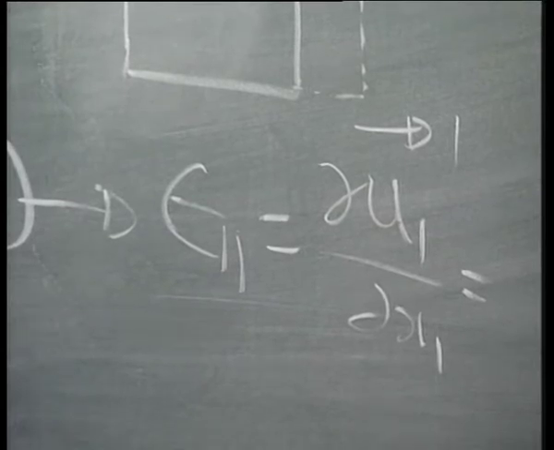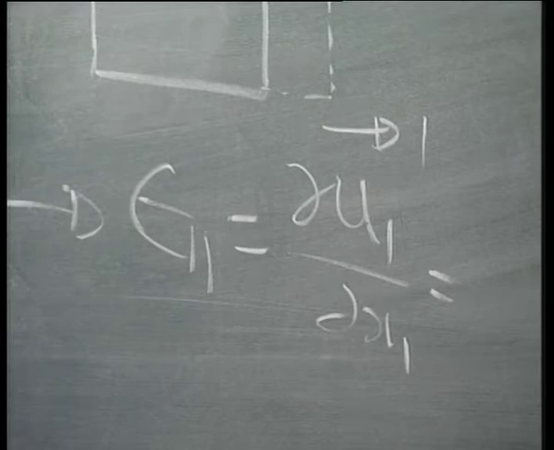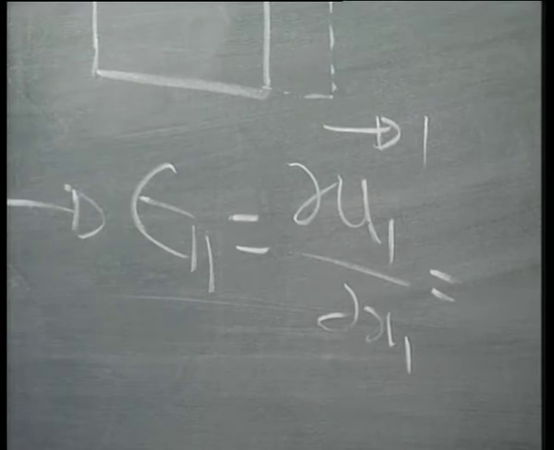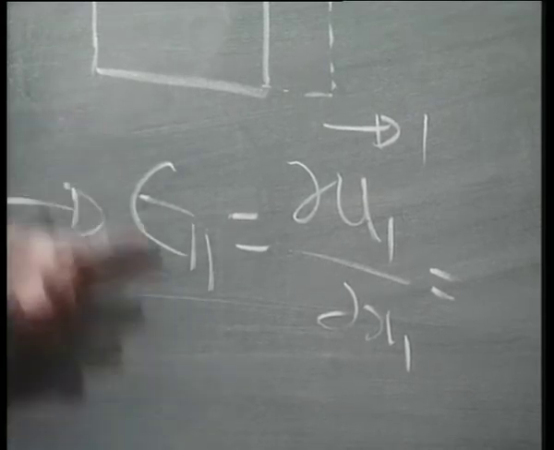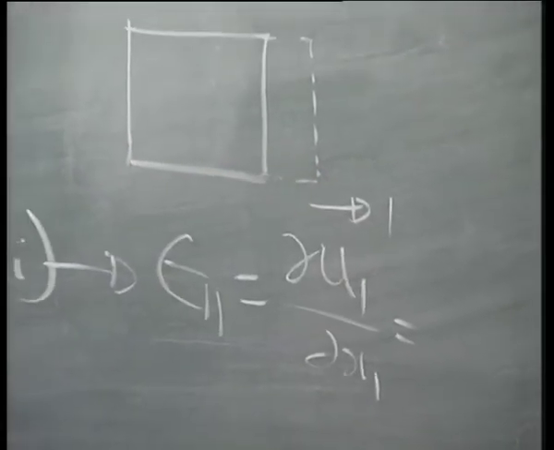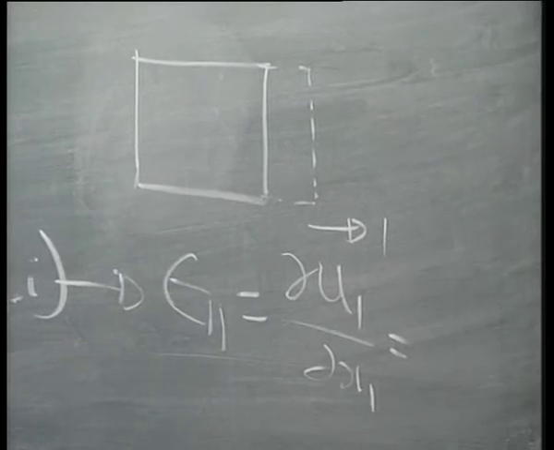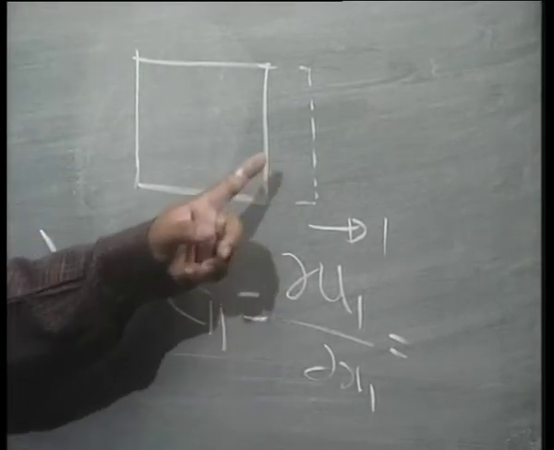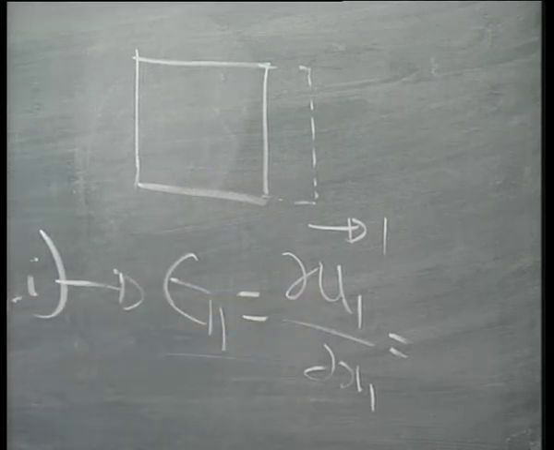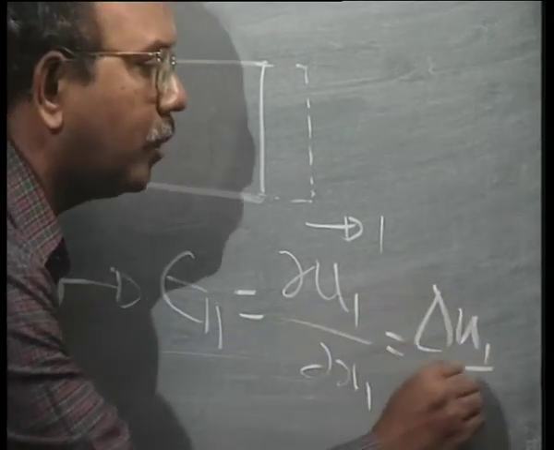So epsilon 1 1 becomes what? This is elongated by delta u1.